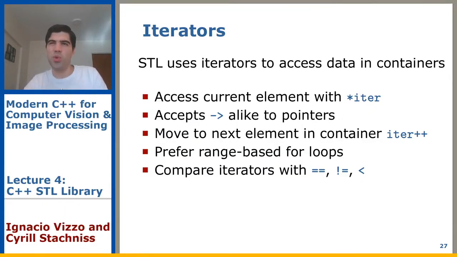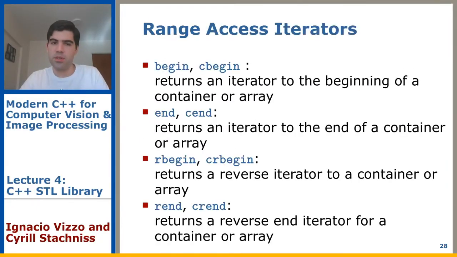You don't really need to know much about this right now, but it's basically the same syntax as a pointer. Then you can move to the next element using the increment or decrement operators. The idea is that you should be using range for loops, as we saw in the second lecture, instead of this. And you can compare iterators as if they were any other thing.